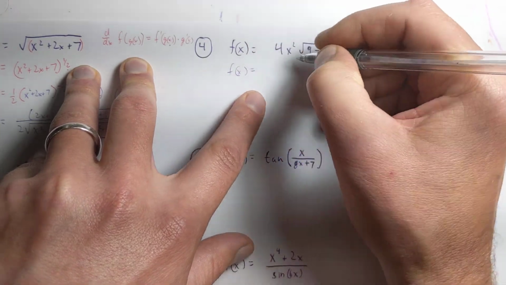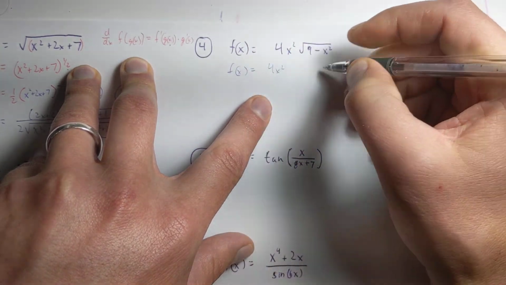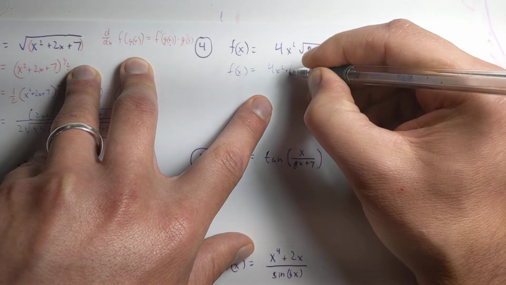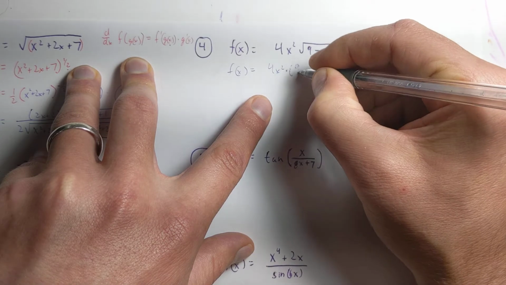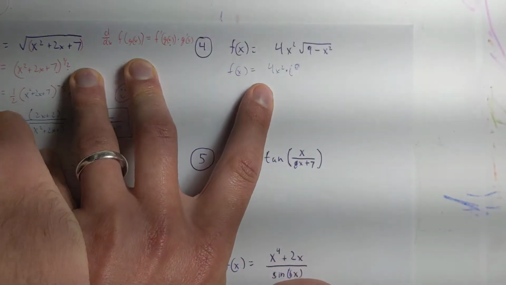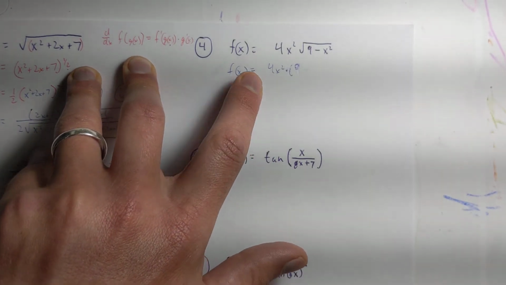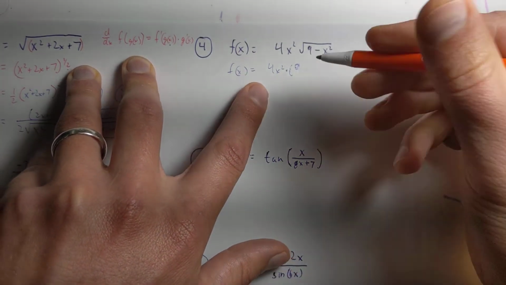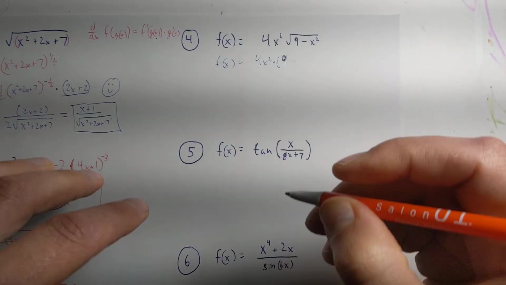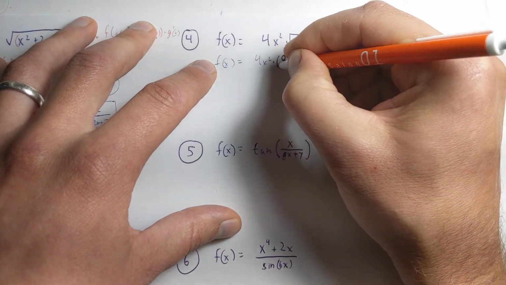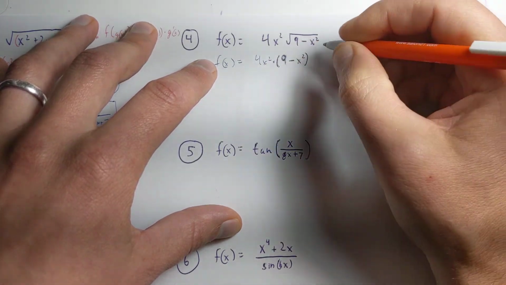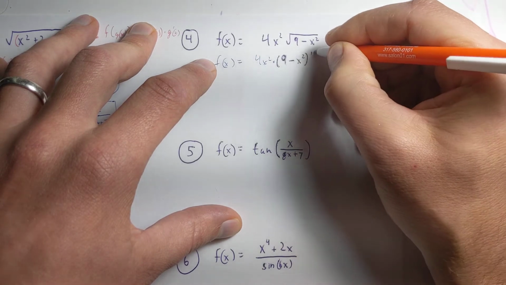F of x is equal to 4x squared times 9 minus x squared to the 1/2.